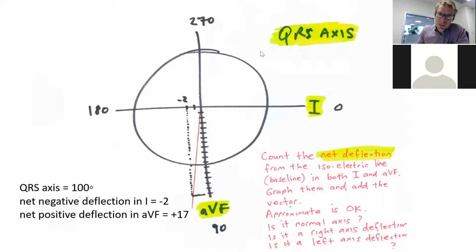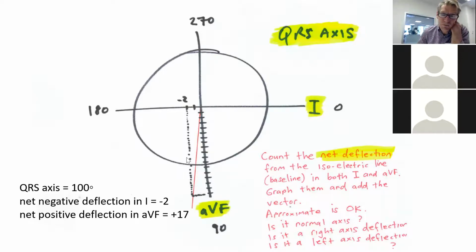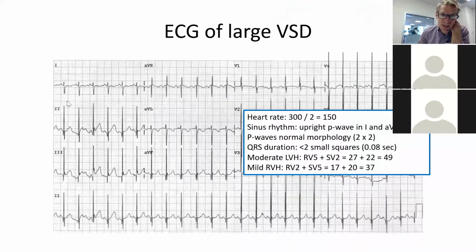A deflection that's positive in lead 1 will be out in this direction, and a deflection that's negative in lead 1 will be out in the opposite direction. A deflection that's positive in AVF will be down in this direction, and a deflection that's negative in AVF will be up here. So what you have to do is look at the net deflection of the QRS complex in lead 1. Here's lead 1, and the net deflection, is that positive or negative?